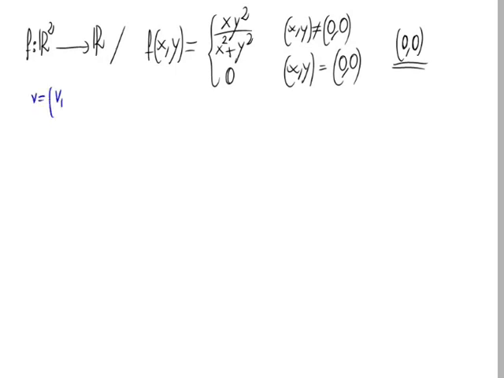So, given a vector v with coordinates v sub 1 and v sub 2, that will give us a direction, and it has to be different from 0, 0.